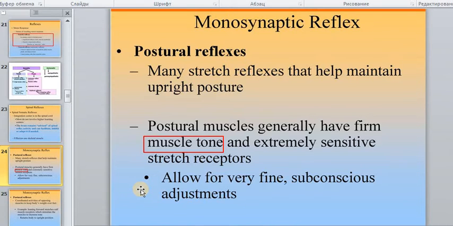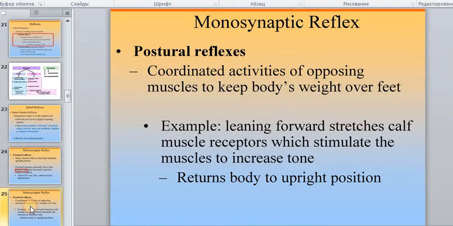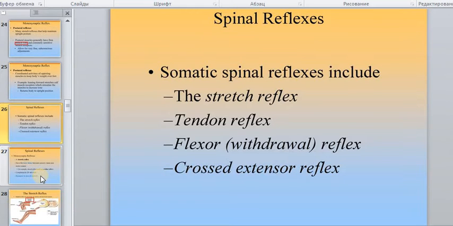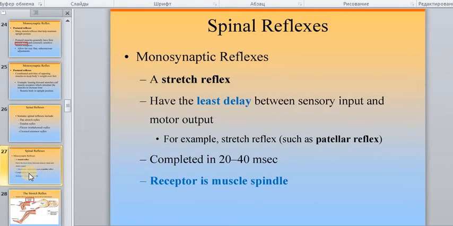They allow very fine adjustments, and now we move on to the monosynaptic spinal reflexes, somatic spinal reflex examples. They are the stretch reflex, tendon reflex, flexor withdrawal reflex, and crossed extensor reflex, and all this we will watch today in films.